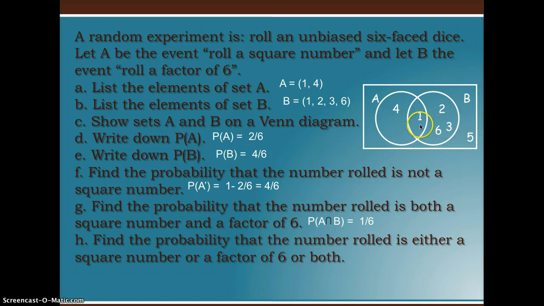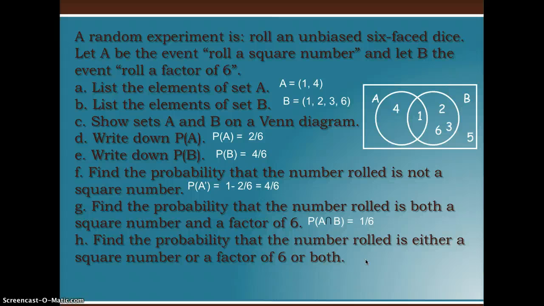And count the number of elements in your universal set. You have 6 elements, so 1 over 6. Letter H, find the probability that the number rolled is either a square number or a factor of 6 or both. Okay, so you count all the elements that satisfy just one of those conditions.